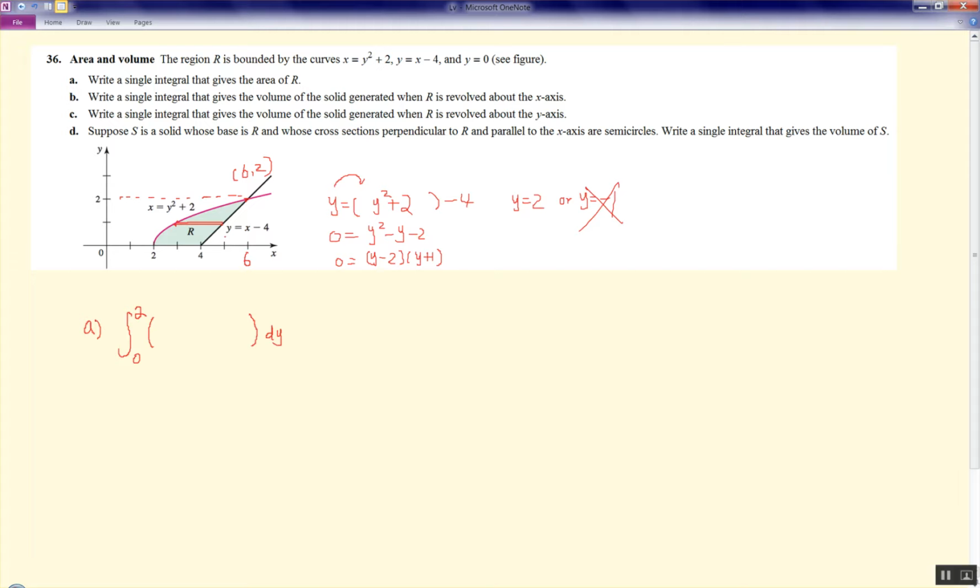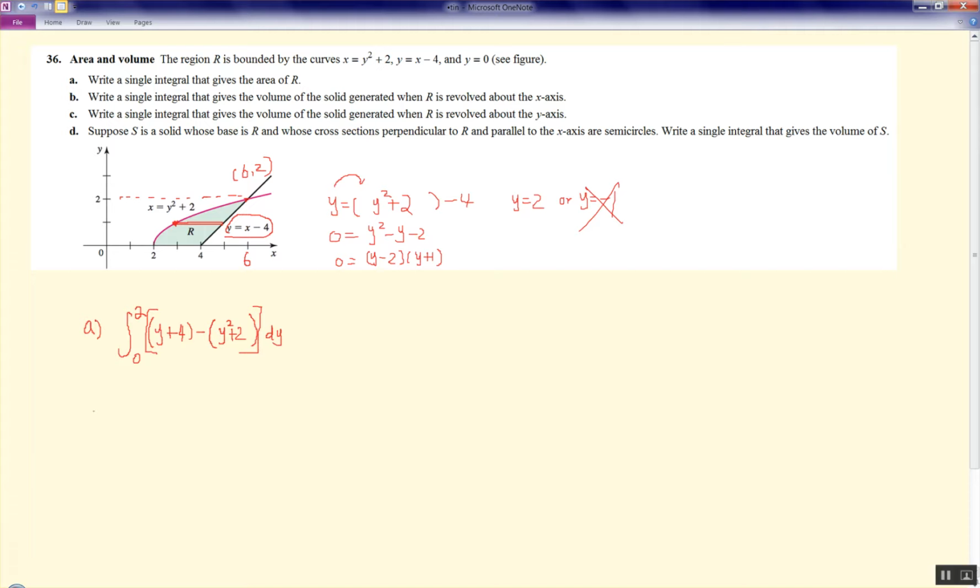So you solve for x and plug x in here. That means y plus 4 from the first equation, minus the left side, which is from x equals y squared plus 2. So we plug that value here, and this is the integrand. Okay, so this is the single integral we need for part A.